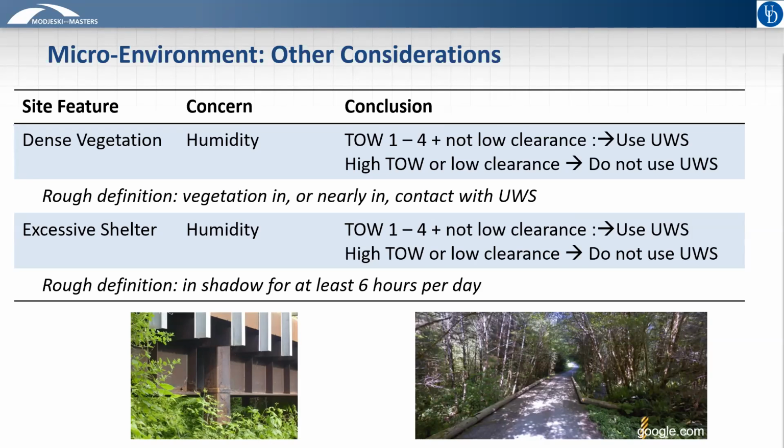Dense vegetation, like shown on the right, can also cause excessive shelter, which has been roughly defined in some international guidelines as the bridge being in shadow between 9 a.m. and 3 p.m., which we loosely translated to be in shadow for 6 hours per day. In either of these situations, options are to modify the site if possible, or to modify the structure.